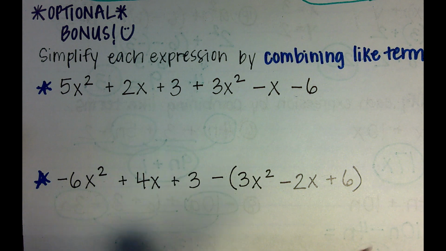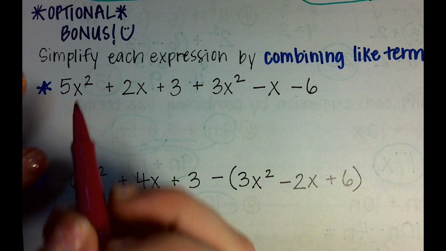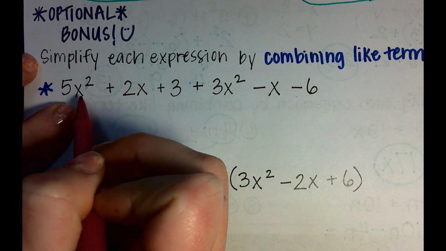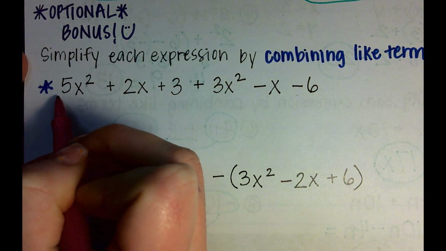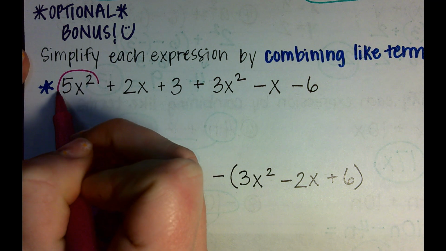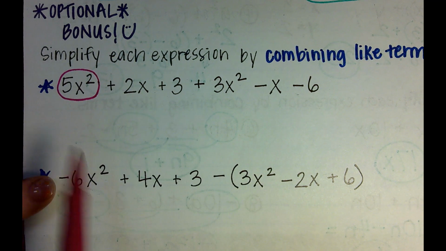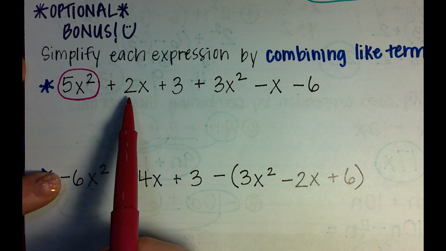What I would suggest we do first is identify where my like terms are. Let's start with every term that has x squared on it. I'm going to use colors. I have 5x squared, 3x. That one doesn't match.